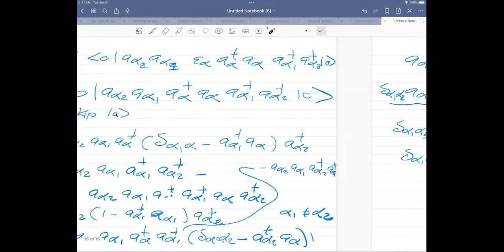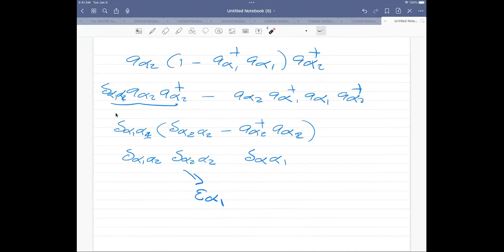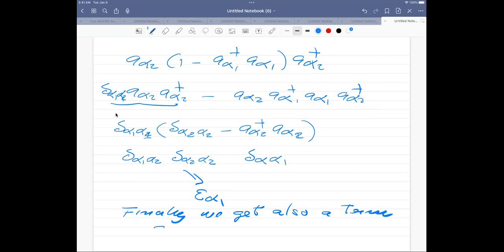Then what we need to do next is to elaborate all these other terms. And when we've gone through all these changes, which are not very exciting, we are going to get a final term. So finally, after all this manipulation, we will also get a term which goes like epsilon alpha 2 here.